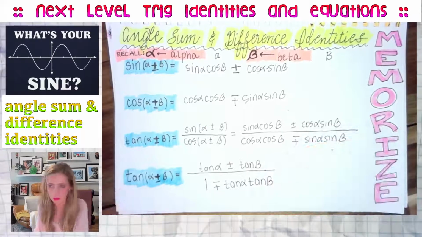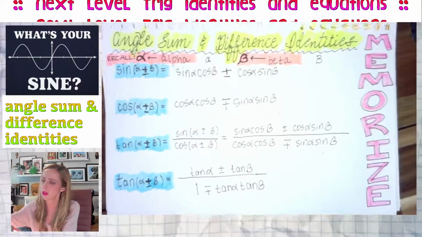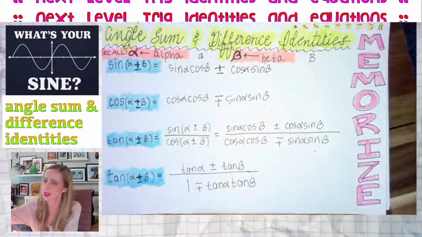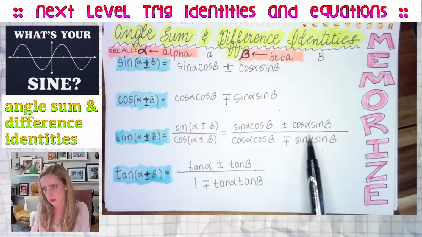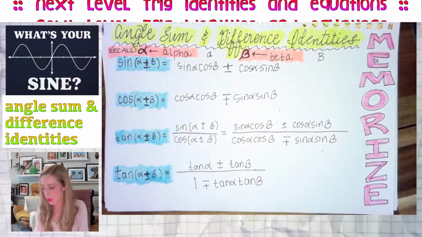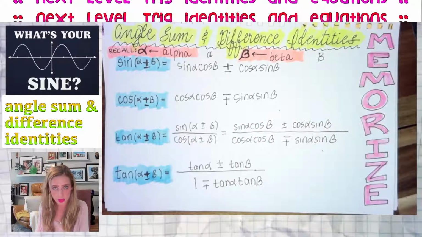So maybe stare at that for a minute and make some comparisons. What do they have in common? How are they different from this and this? Think about that. If you need a little more time to write all of this down, go ahead and press pause. And if you are done writing this down, we're going to move on.